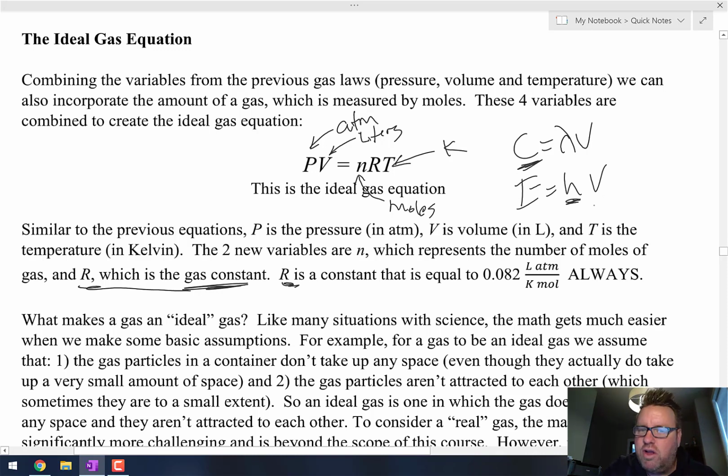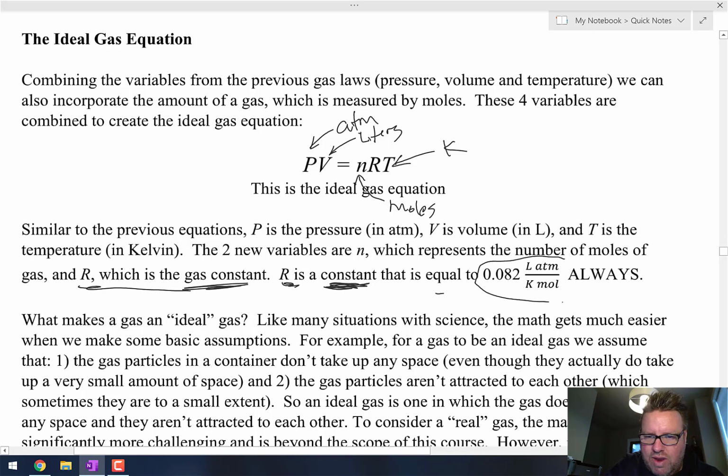A lot of times there are constants. Just like the speed of light, just like Planck's constant, R is a constant, which means it doesn't change. It is always equal to, and here it is right here, 0.082 liters atmospheres on the top and Kelvin mole on the bottom. You will see why that is when we look at some example problems.